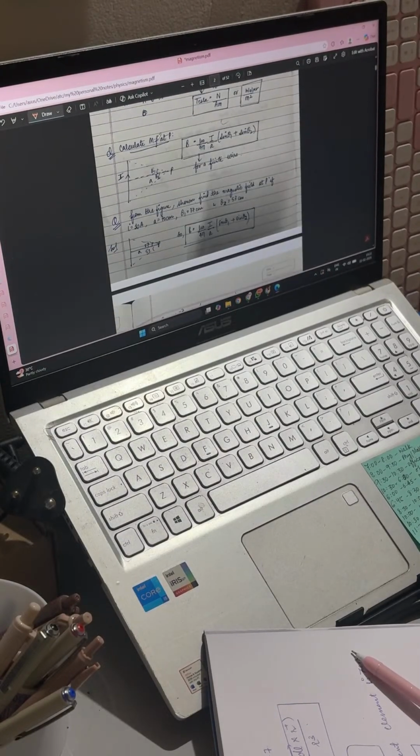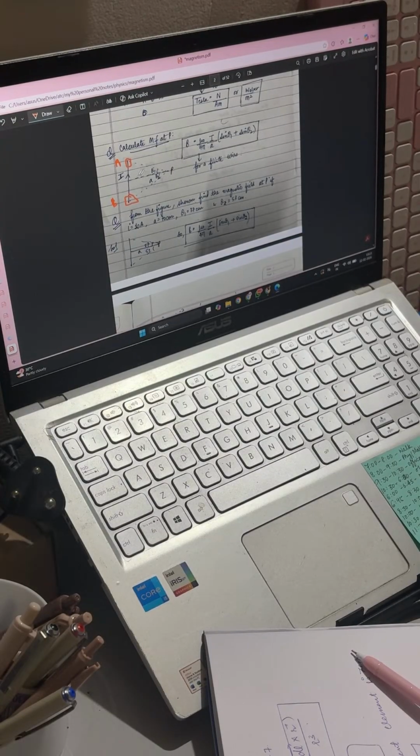Next is to calculate the magnetic field at point P. Now if you see here, the magnetic field we are calculating from this point and this point. So if this is A and this is B and this is the current carrying wire, the point P is there.